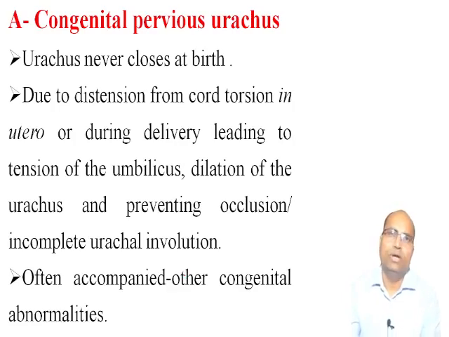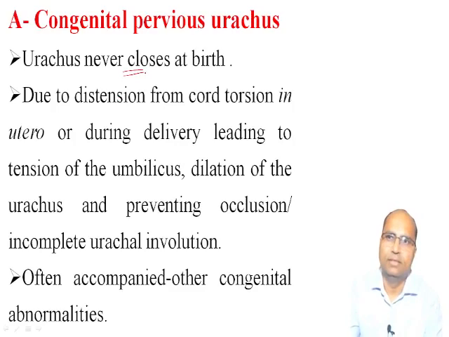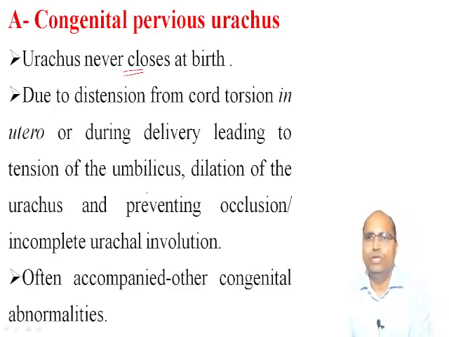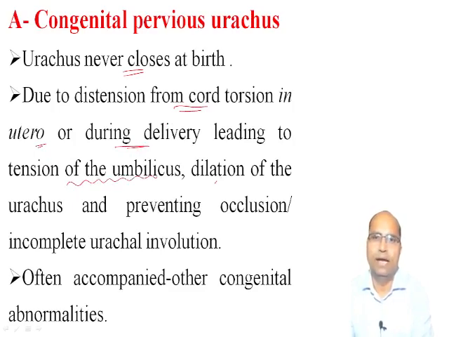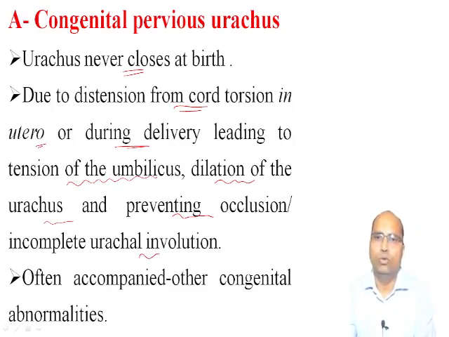Now we discuss congenital Pervious Urachus. Friends, urachus never closes at birth. In this condition, due to distension from cord torsion in utero or during delivery, leading to tension of umbilicus, dilatation of urachus, and preventing occlusion or causing incomplete urachal involution.